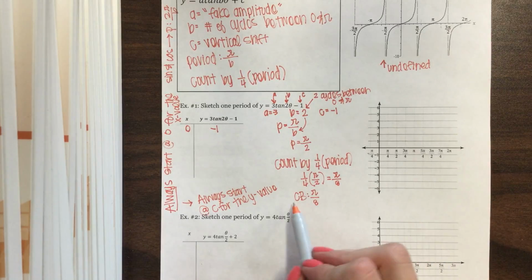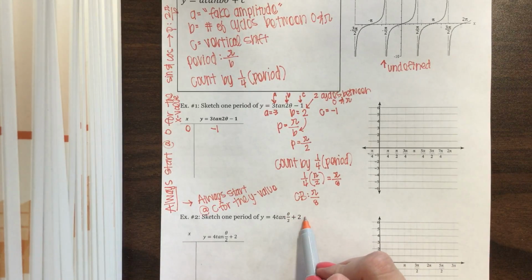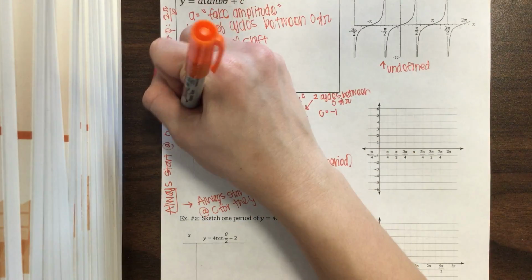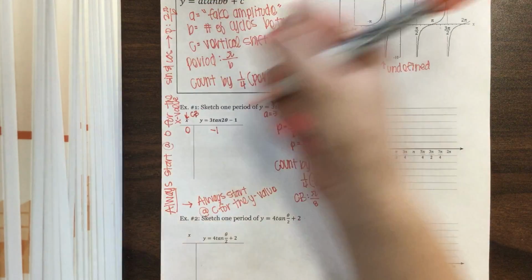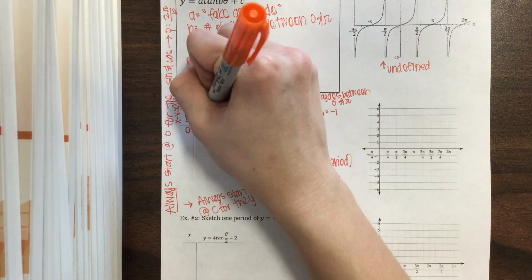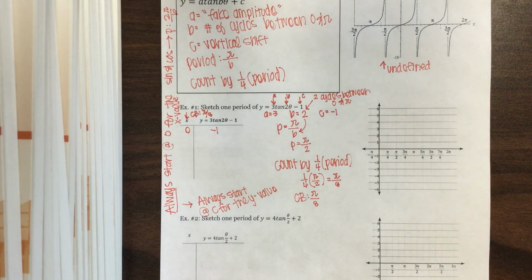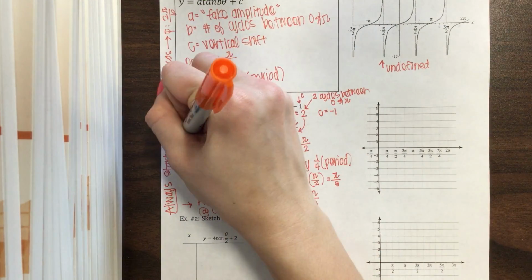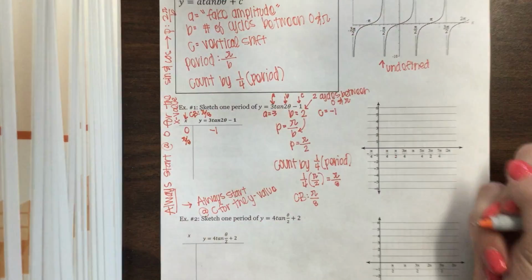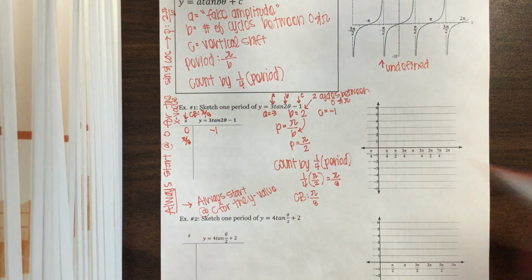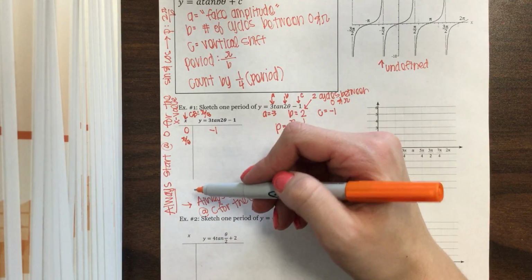Okay, and then this is where this count by thing comes in handy. So for my x's here, I'm counting by pi over 8. So I'm just going to keep adding pi over 8. So 0 plus pi over 8 is just pi divided by 8. And I'm going to do 5 of these. I need to have 5 values for my x here.